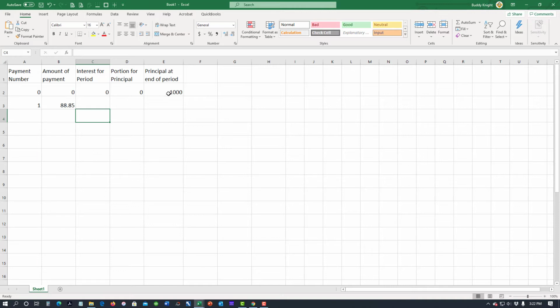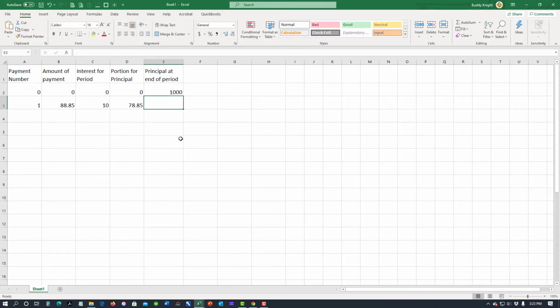So we just take 1% of what the principal was, and that's our interest payment. So in this case, it would be $10. Well, if $10 is applied to the interest, everything left of the $88.85 is applied to the principal. So here we enter $78.85. That's how much is applied to the principal.